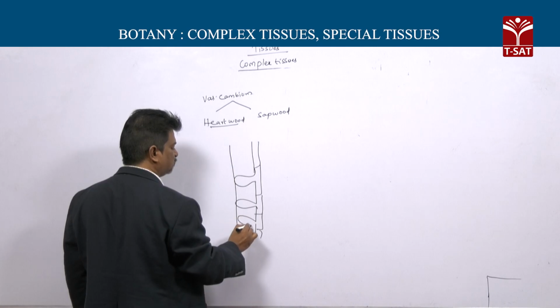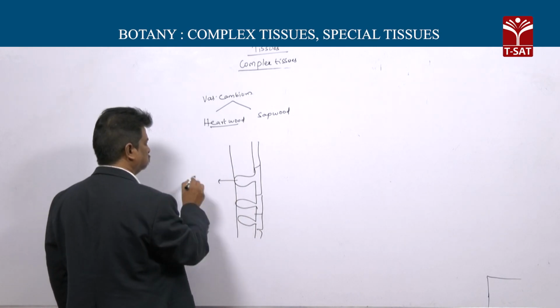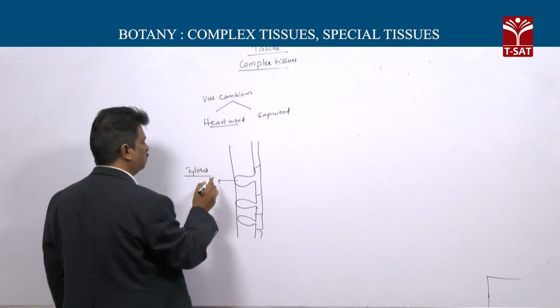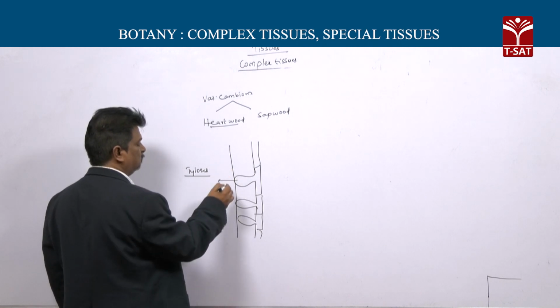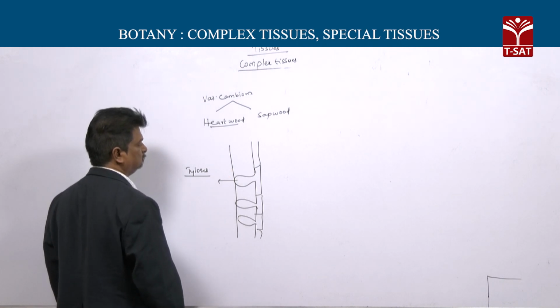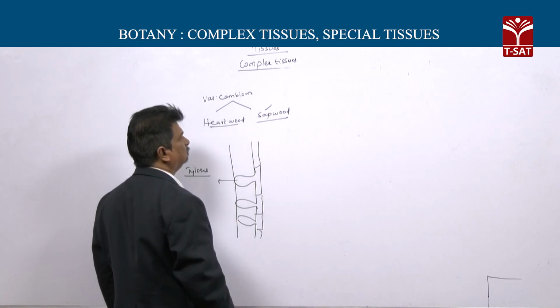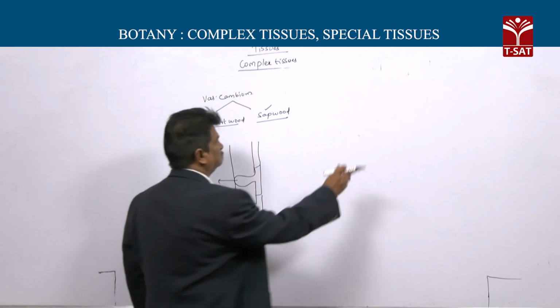These balloon-like structures develop from xylem parenchyma, called tyloses. That is why vessels of heartwood are not useful for conduction, and sapwood, this newly formed wood, is useful in conduction.